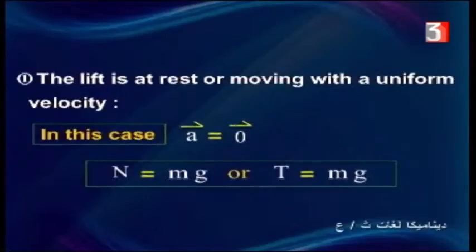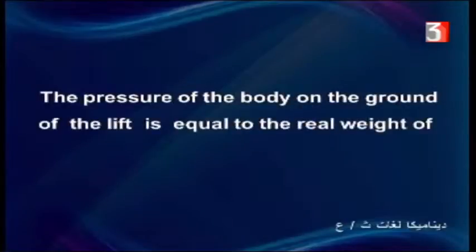Then the acceleration vector a equals zero vector, and the equation becomes N equals mg or T equals mg. The pressure N equals mg, or the tension T equals mg. We note that the pressure of the body on the ground of the lift is equal to the real weight of the body.